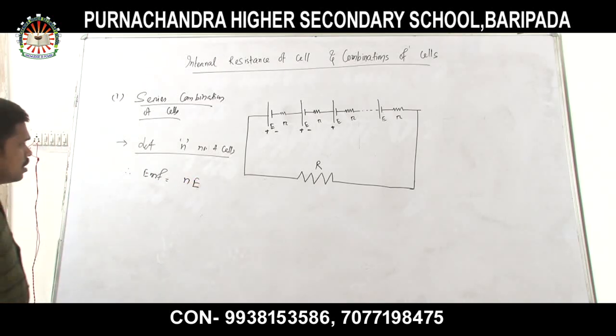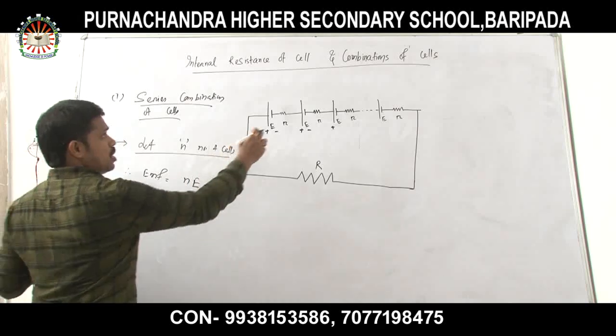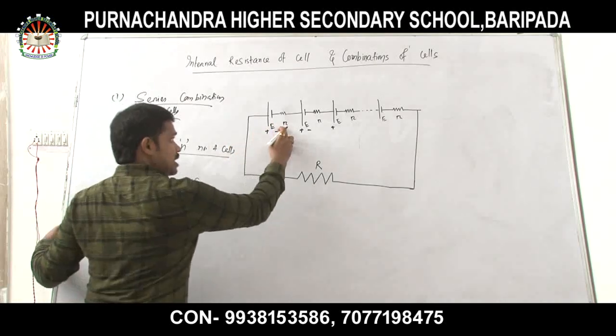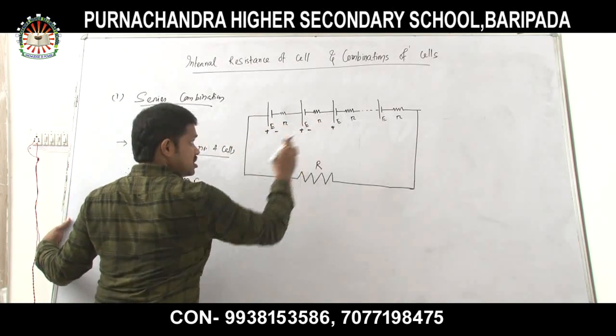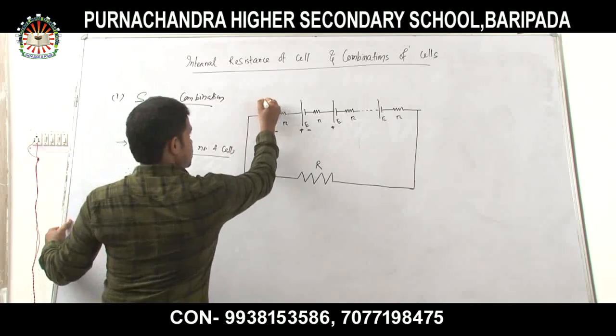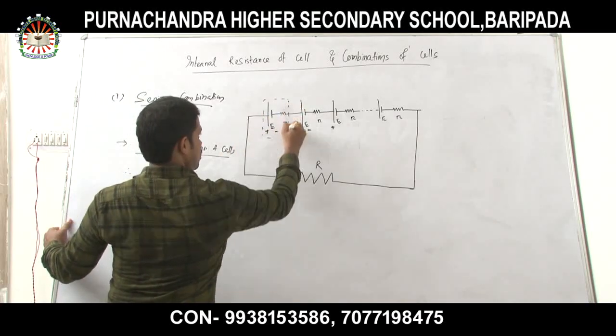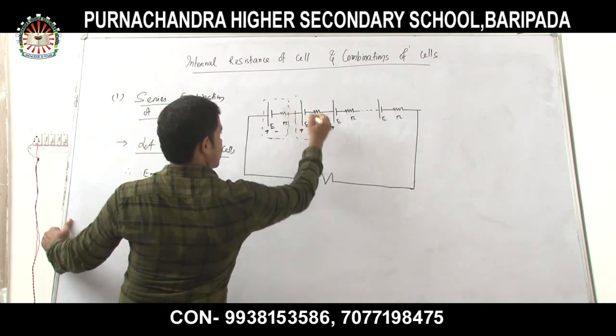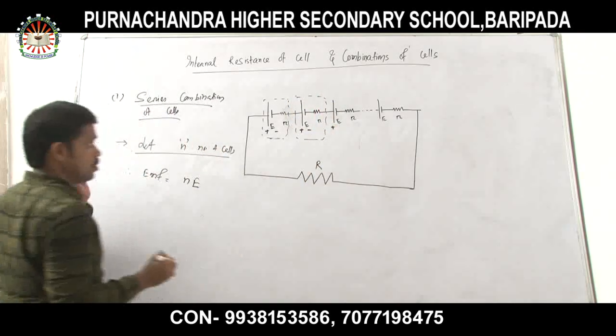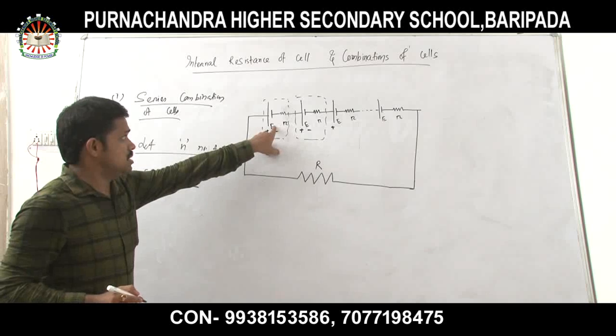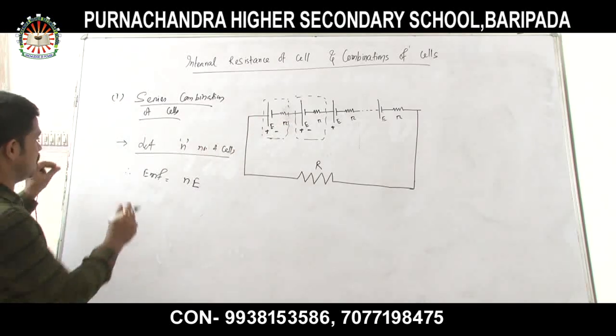Very simple. Remember, so also the internal resistance, very importantly, because this is one cell. I'll make a dotted one. These are the cells. One cell consists of this cell and also the internal resistance.